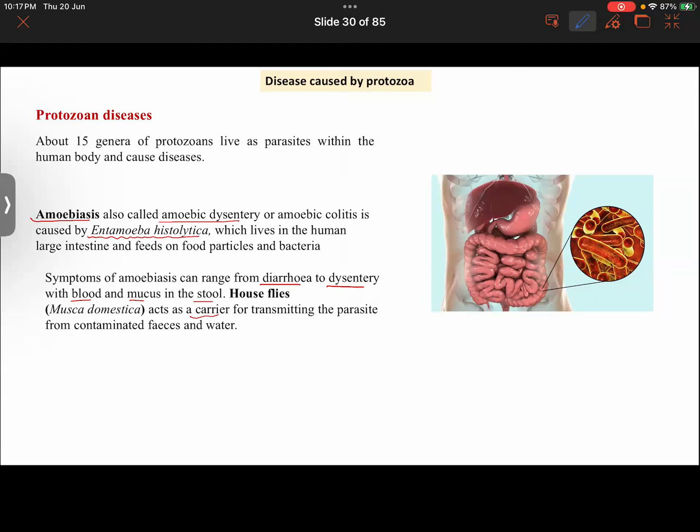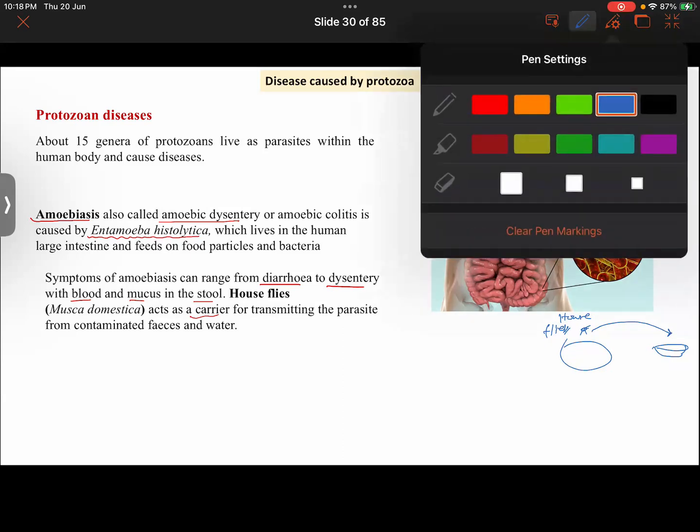Flies sit on the stool, and if those flies then sit on food, they transmit it. The solid waste excreted by this person contains Entamoeba histolytica. The houseflies transmit that protozoa from the waste material to the food if they sit on that food. So this is one such example of a disease caused by it.